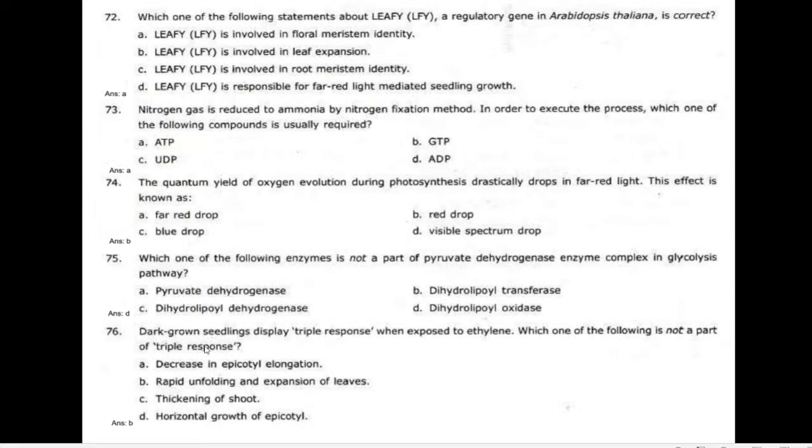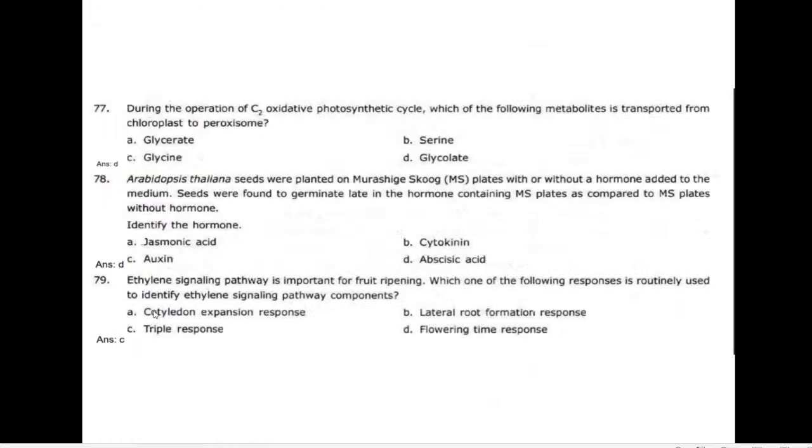Here you can see they mention the ethylene concept: the dark-grown seedling display is the triple response process. Here they ask the question again. This is another year's question, and in that itself they asked an ethylene-based question. Please refer to this ethylene-based question whenever you are free.